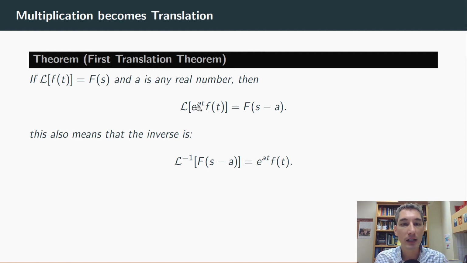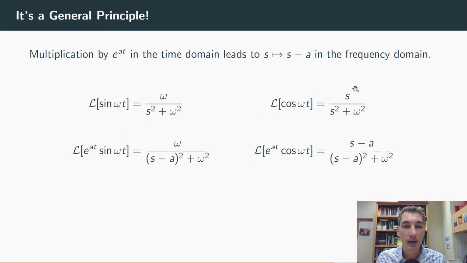The Laplace transform of e to the at times f of t is the regular Laplace transform of f, so if L of f is capital F, you just replace s with s minus a. So the Laplace transform of e to the at times f is the regular Laplace transform of f by itself, but with s replaced with s minus a, right?